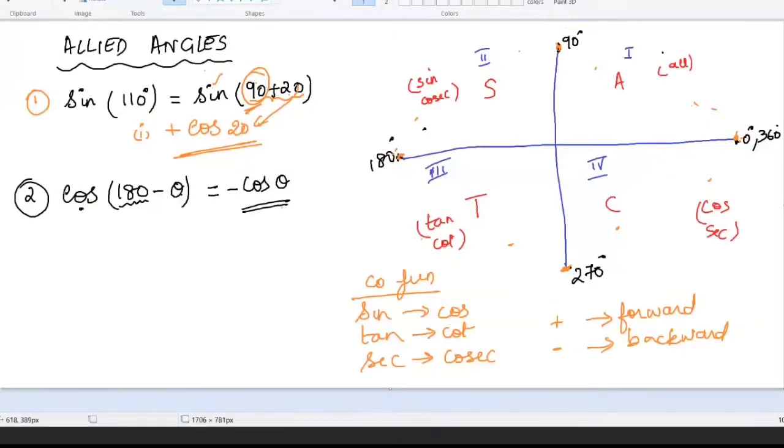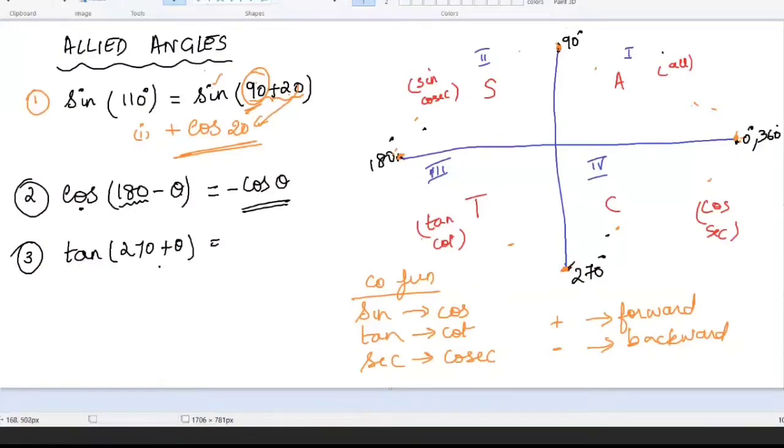I hope now it became a little clear. So now at least you have reached 50%. Now let us see the question of 75%. Suppose I have tan of 270 plus theta. My first step, 270 plus. 270 is here, plus means forward. Which quadrant? Fourth quadrant.